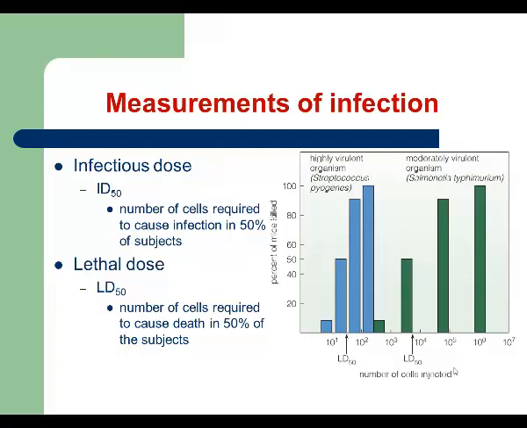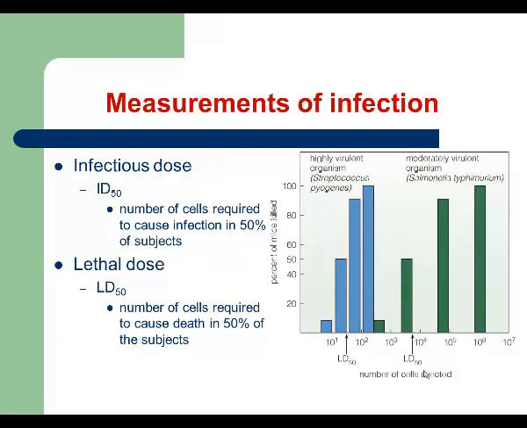And then LD50 or lethal dose. It is the number of cells required to cause death in 50% of individuals. Let's look at the chart on this slide. As you see, LD50 for Streptococcus pyogenes is about 50 cells, and LD50 for Salmonella typhi is about 8,000 cells.